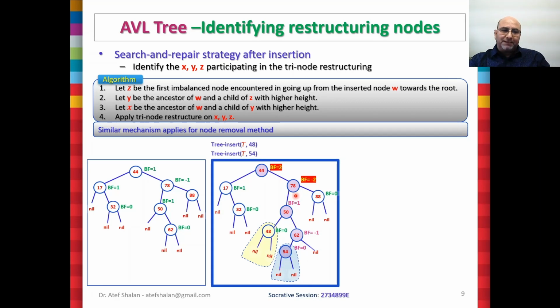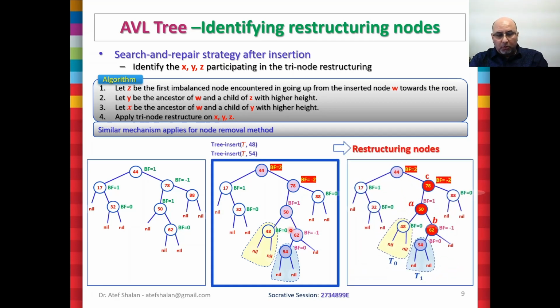When you hit the first node that is imbalanced, stop and start marking this node. Call it Z. Then move down again 2 nodes and call them Y and X. These 3 nodes are the ones that I have to restructure in order to bring back the balance of this tree. So now I could identify these 3 nodes.